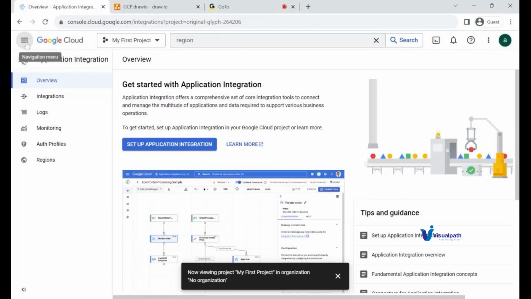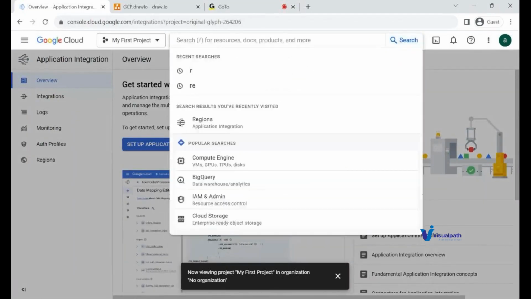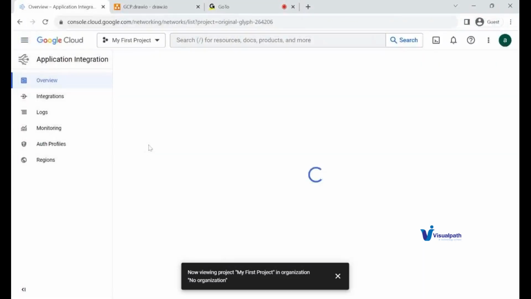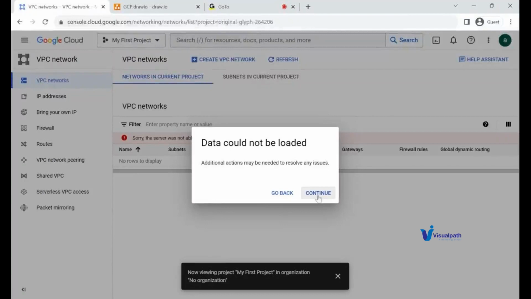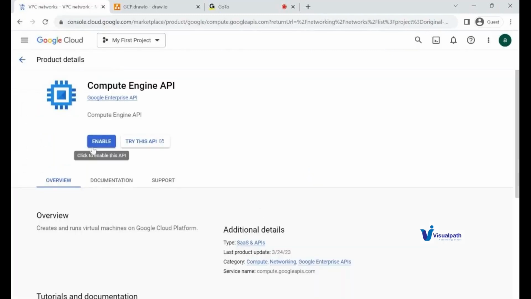Okay, let's keep this out for now, or in PPT I can show. One more thing is that whenever you are trying to set up a new service or work with any service, you have to enable your APIs, right?